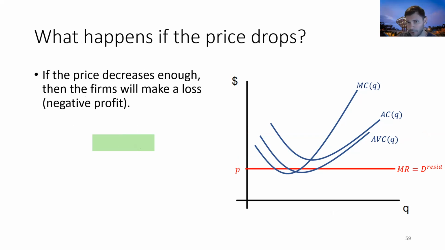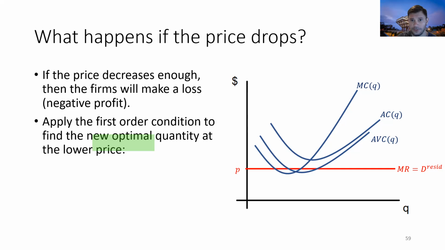All we're going to do here is apply the first order condition and find the new optimal bundle at the lower price, which means I want to find that part of the upward sloping marginal cost curve where P equals MC. Hopefully everyone's comfortable seeing that that occurs right here on this yellow dot that I've highlighted. And then we can again go up to our average cost curve from Q star. What's happening now if you compare the average cost to the price per unit?